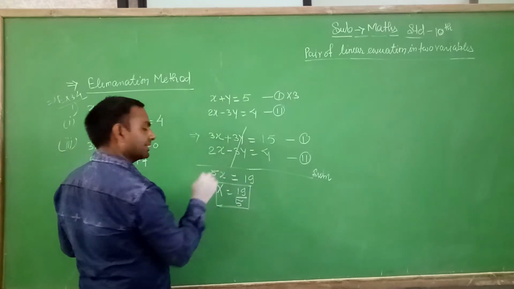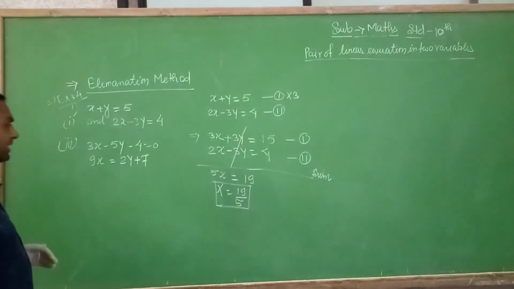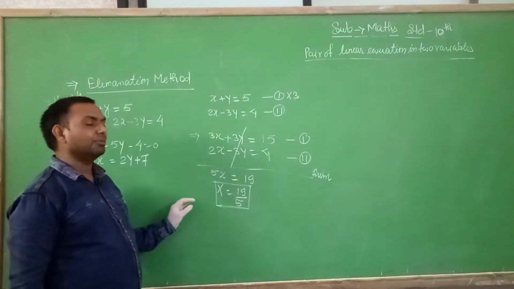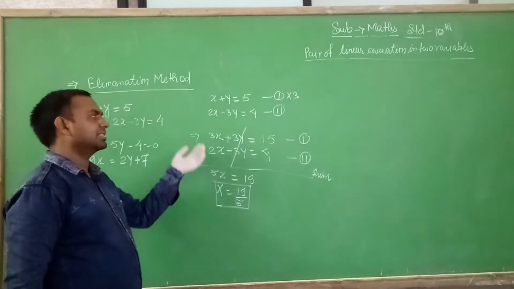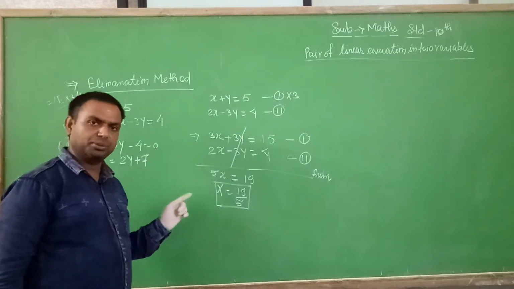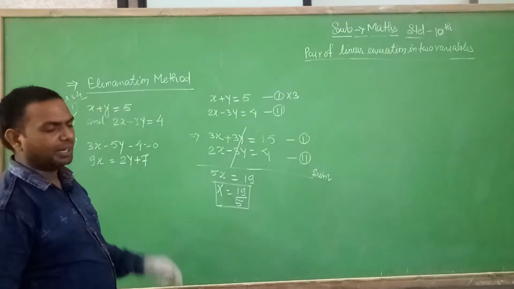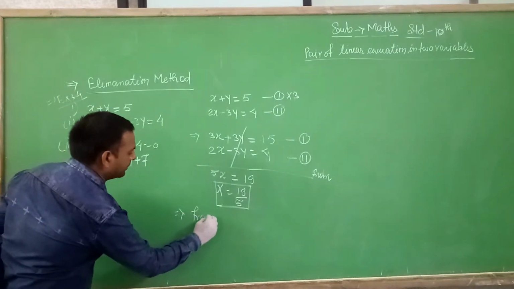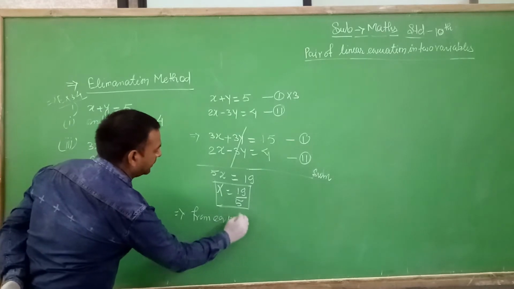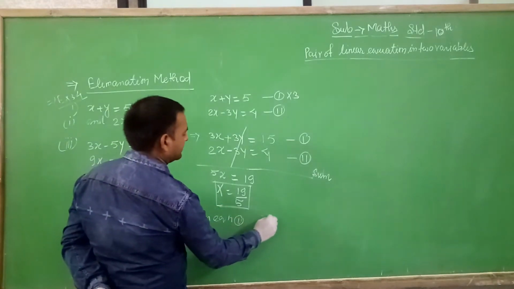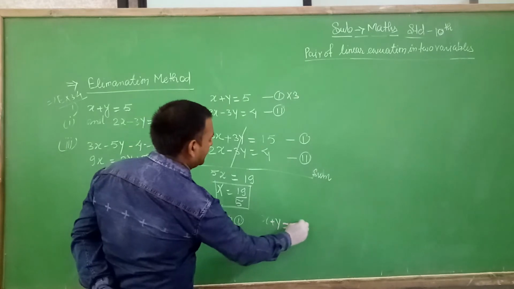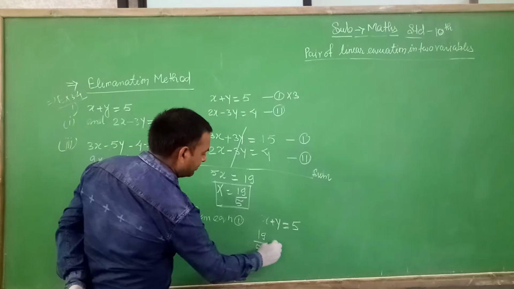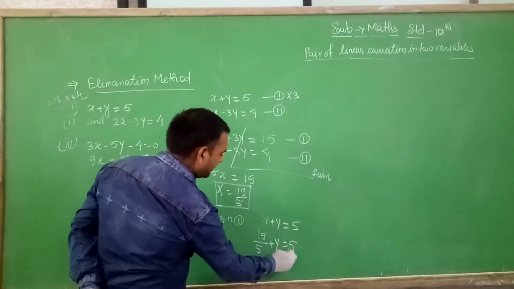This is the value of x. In the second step, you have just found the value of x. After that you put this value of x in any equation, either equation number 1 or equation number 2, then you can find the value of y. So from equation 1, x plus y is equal to 5, then the value of x is 19 upon 5, plus y is equal to 5.